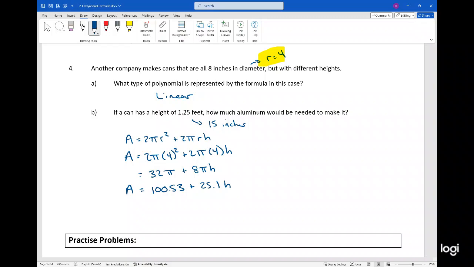All right, let's answer the question, and then I want to go back and point something out. Okay, so for this particular question, we're now told that the height is 15 inches, so we'll just say A equals 100.53 plus 25.1 times 15. 25.1 times 15, throw that into my calculator, that's 376.5.